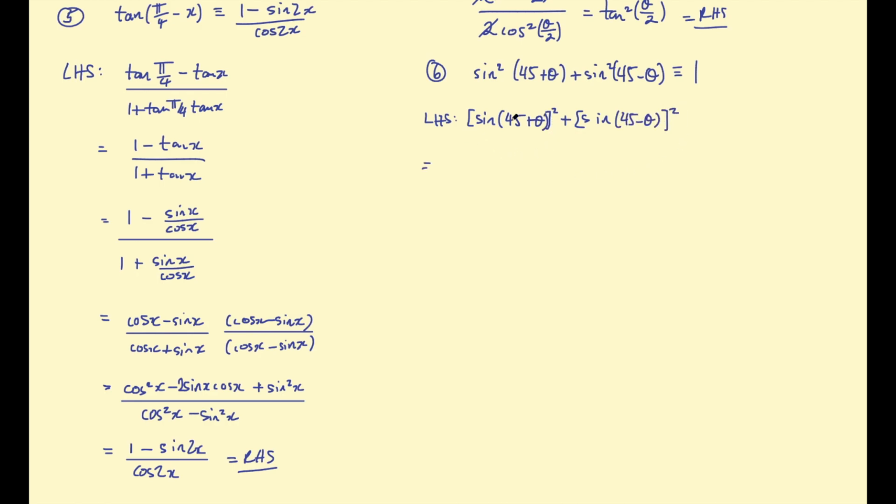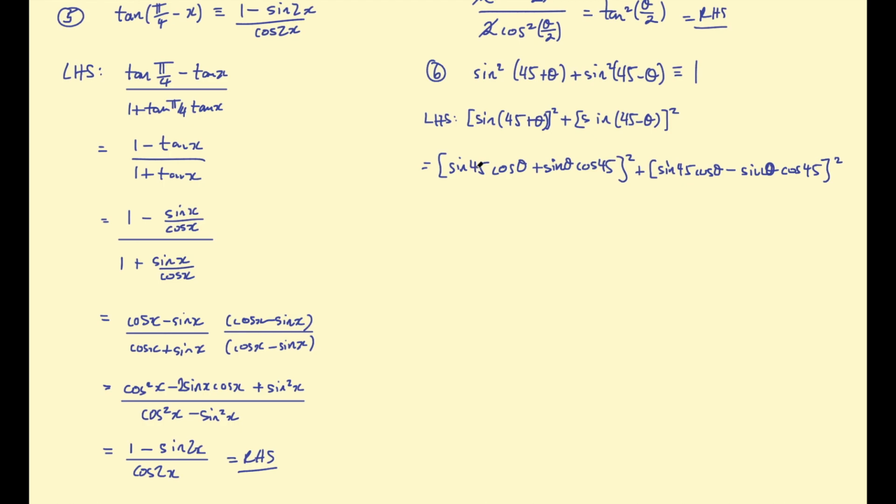So use that identity for the sum of the angles. This is going to be sine of 45 cosine theta plus sine of theta cosine 45 squared plus sine 45 cosine theta subtract sine theta cosine 45 squared.